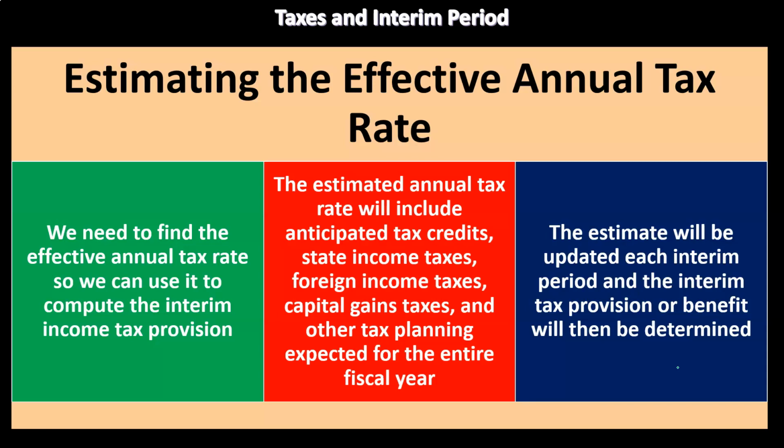We will have some problems with relation to this. I recommend going through the problems so you get an idea of this. But the general idea is, if you have the tax rate for the entire year, first you have to determine the tax rate, which could change based on your income level possibly.